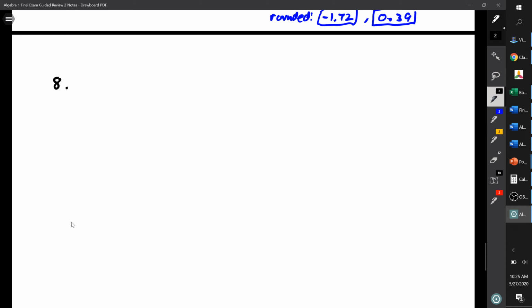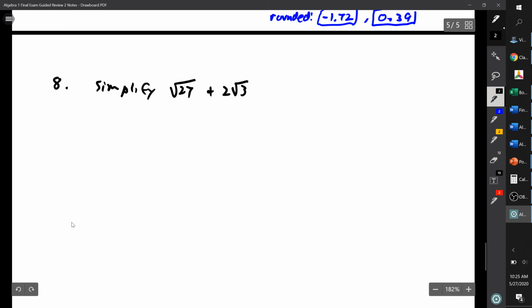So number 8 is simplify root 27 plus 2 root 3 minus root 12. Okay, well, let's see what we have.